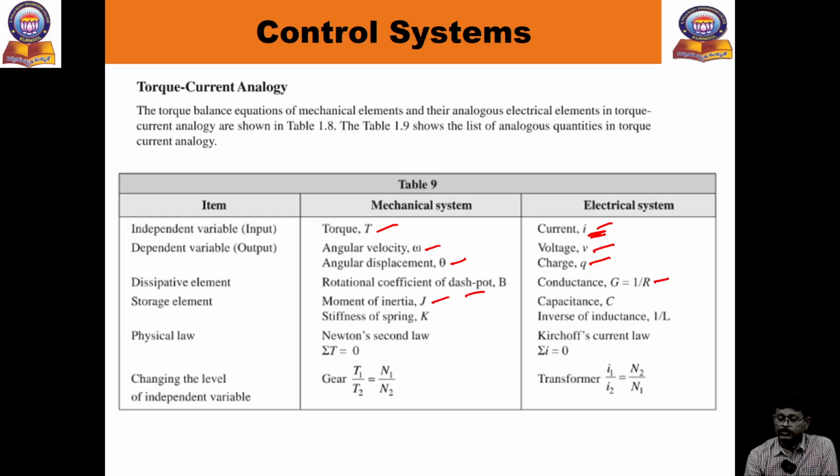Then moment of inertia corresponds to capacitance, then the spring constant is 1 by, that is the inverse of, the inductance. Same Newton's second law, now Kirchhoff's current law. So for the current analogy, keep in mind the current law. In the previous torque-voltage case, KVL came here. Now see this simple comparison table of mechanical systems and electrical systems.